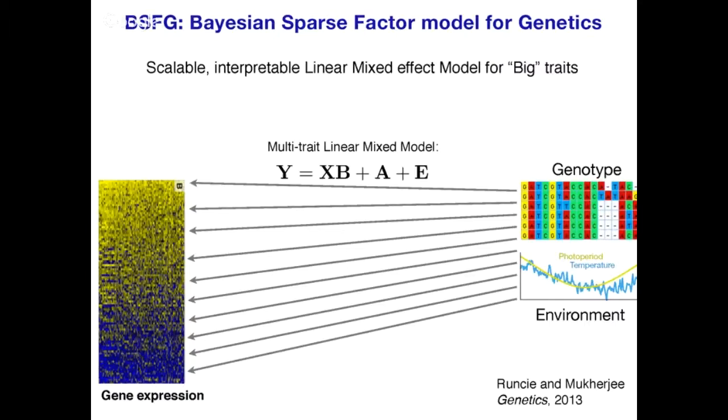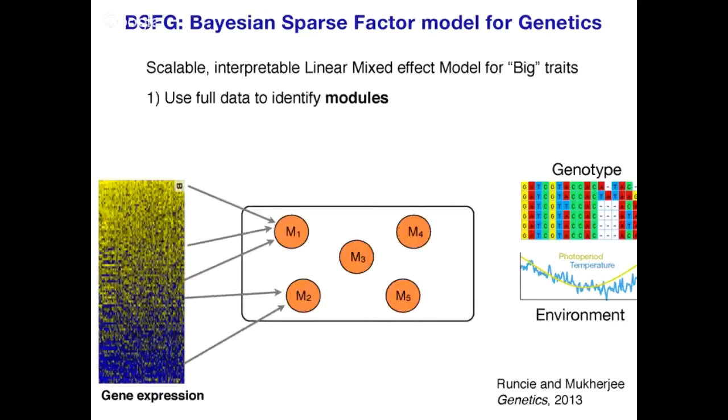The goal of this is to be a scalable and interpretable extension to the linear mixed model for these big traits. The traditional multi-trait linear mixed model tries to brute force find associations between all genotypes and all traits and trait combinations at once.